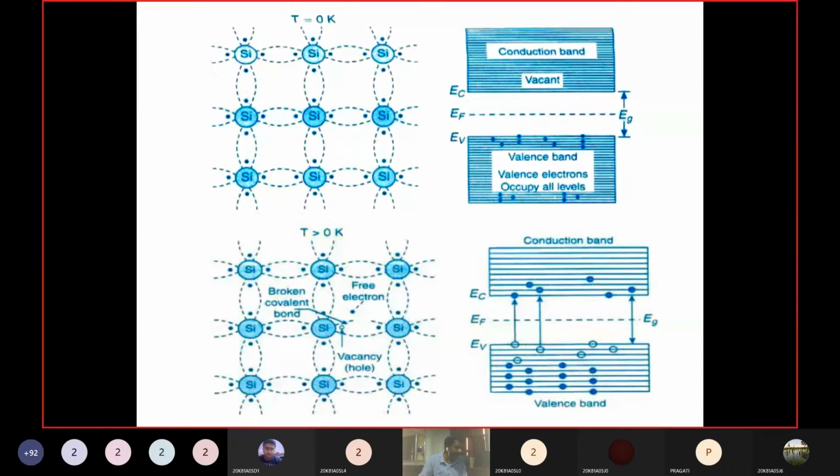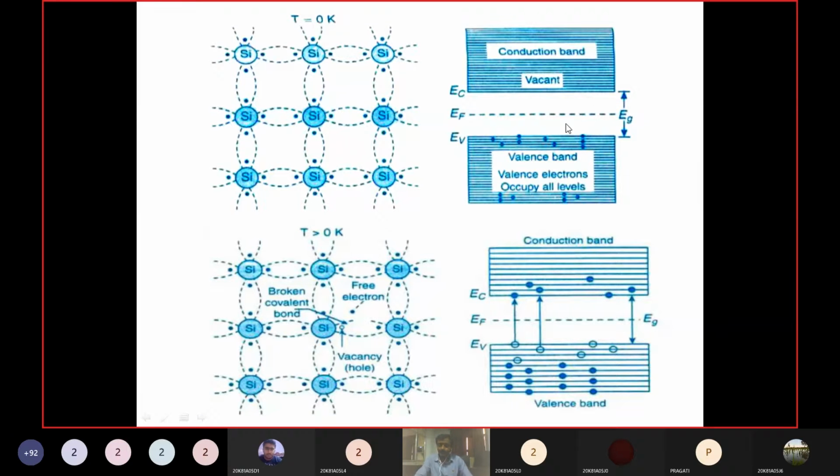Now coming to semiconductors, the energy band gap between the valence band and conduction band is very small. Its value is 0 to 3 electron volts. As I already explained, for silicon it is 1.21 electron volts, and for germanium 0.7 electron volts.